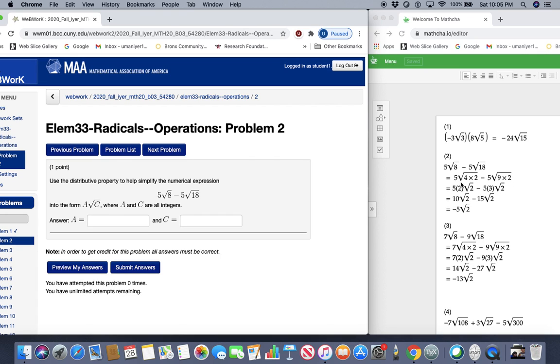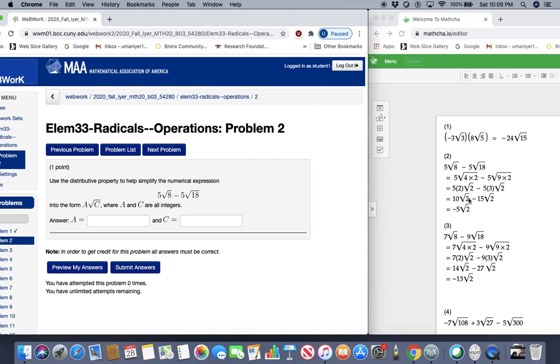So I get 5 times 2, square root 4, that's 2, times square root 2 minus 5 times square root 9, that's 3, times square root 2. 5 times 2 is 10 square root 2 minus 15 square root 2. These are like radicals.